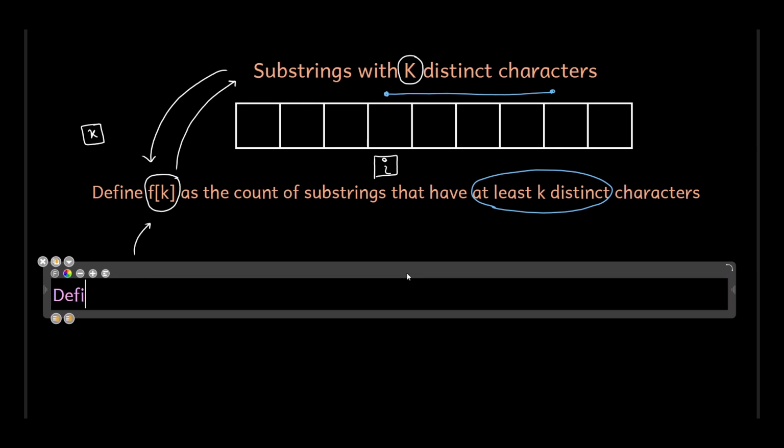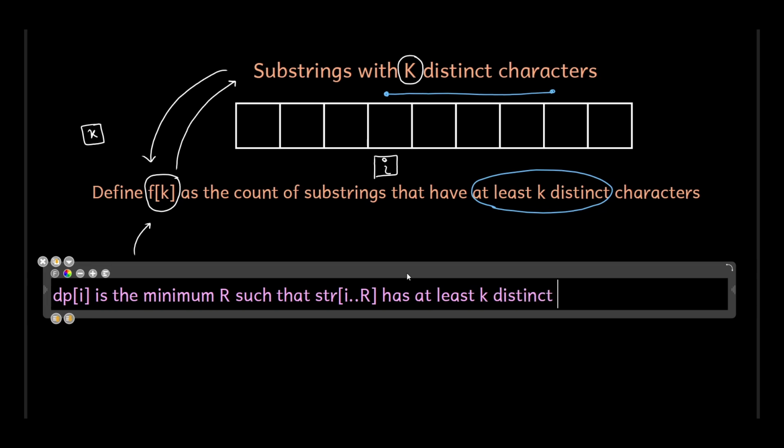Let's define dp of I as the minimum R such that the string I till R has at least k distinct characters.